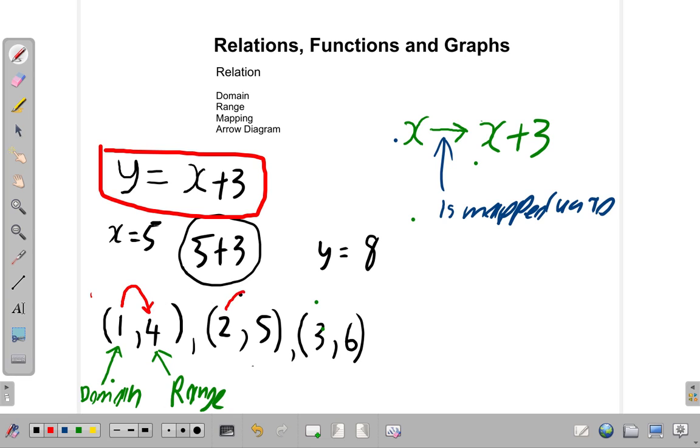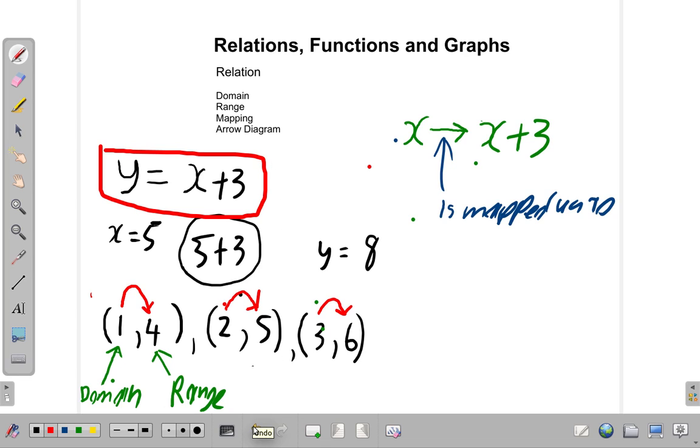You put in 1, it is mapped onto 4. You put in 2, it is mapped onto 5. You put in 3, it is mapped onto 6, because the number on the left is mapped onto the number on the right, and what happened was the number on the left plus 3 gives you the number on the right. So you see that.